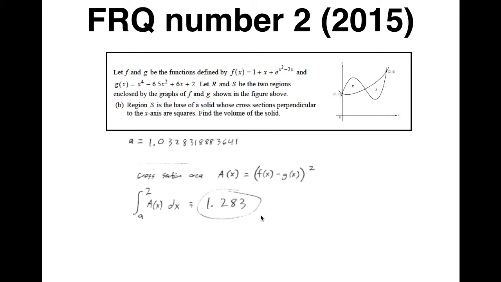So notice how the student, again, saves a lot of time by defining a function. He defines, or she defines, a of x equals f of x minus g of x squared, and then you just integrate a of x dx. So very good work, and they earned 3 points here out of 3. 2 points for writing the integrand correctly, and 1 point for the correct answer.